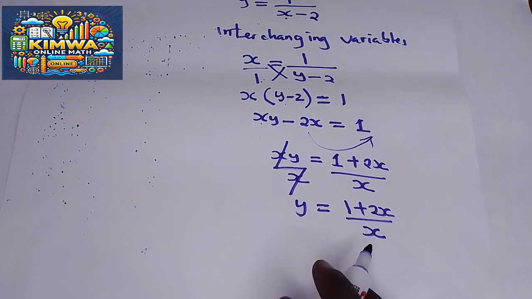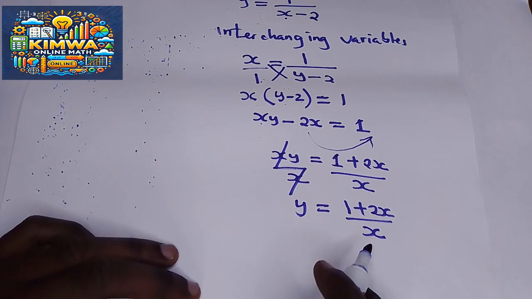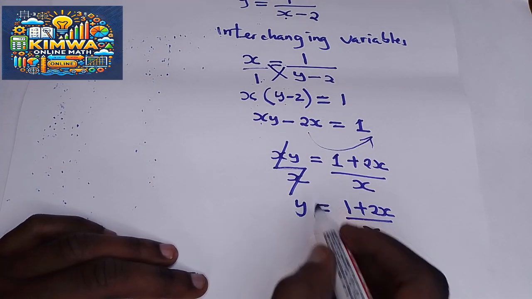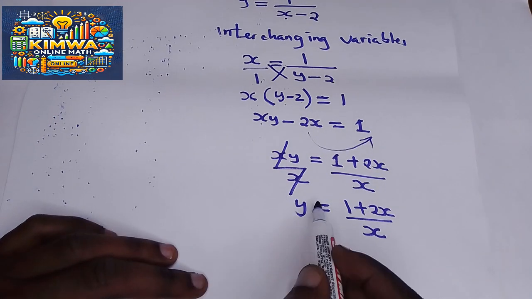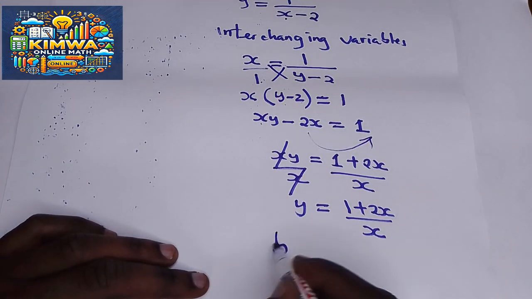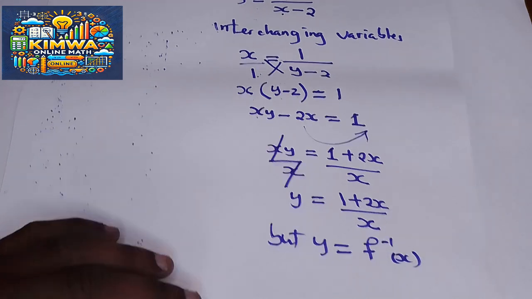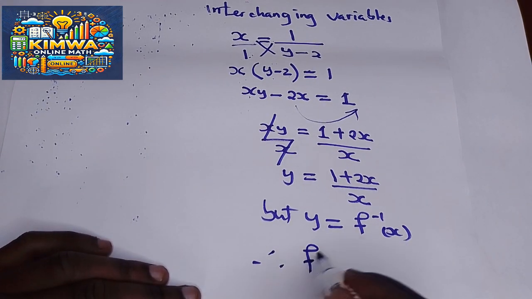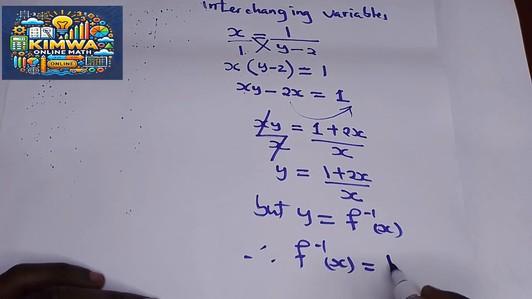This is the new equation, which implies the inverse of the function. This is the new y because we interchanged the variables, so the position of y here is according to the inverse of the function. So this y is equivalent to the inverse function of x. Therefore, the inverse function of x is equal to 1 plus 2x over x.